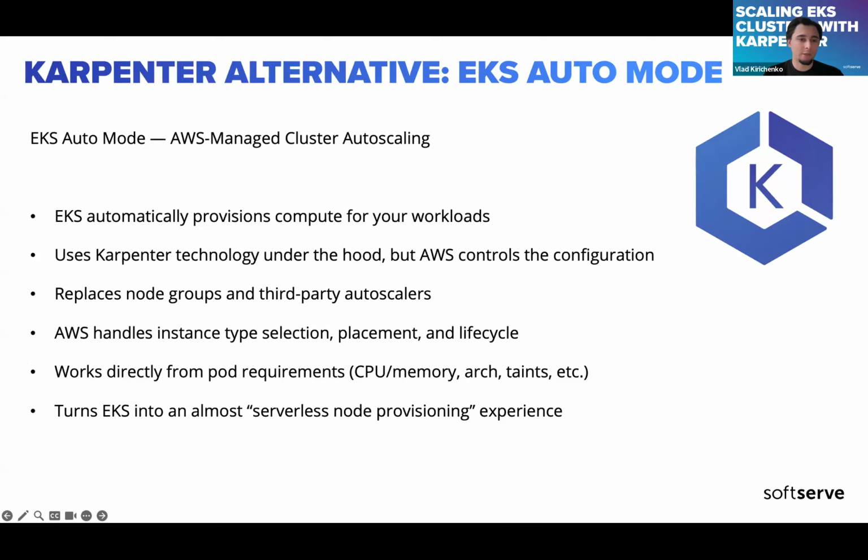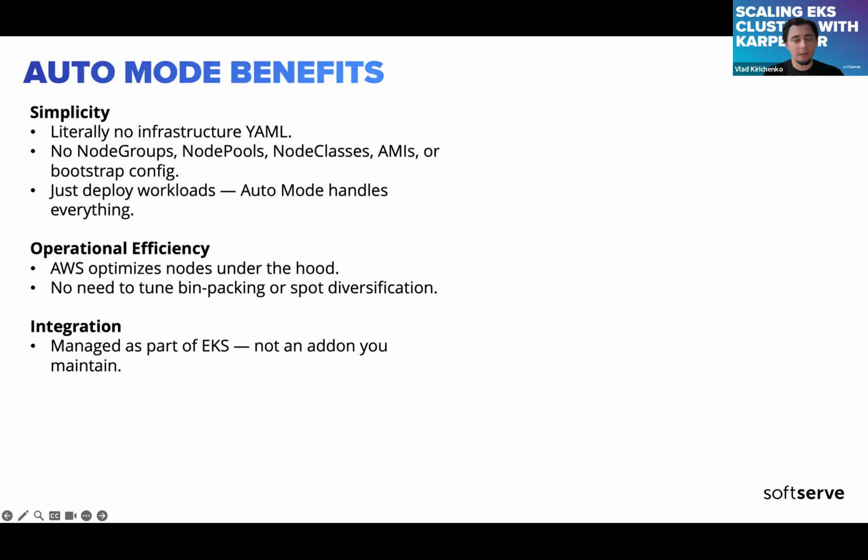It's already ready to run. Let's see some benefits. It can be literally no YAML setup. We may skip configuring node groups, node pools, node classes, AMIs, or bootstrap config.